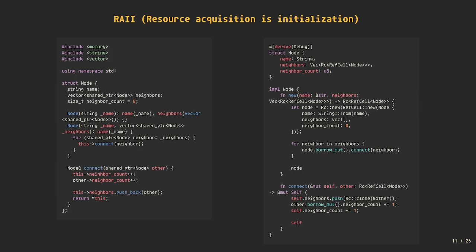And these strings and vectors under the hood, they would have their own destructors that do the freeing of the memory. And whenever an object gets freed, its destructor gets called, the default behavior of that would be to recursively call destructors of its attributes. So whenever this node gets destructed, it would also destroy its string and its vector attributes.